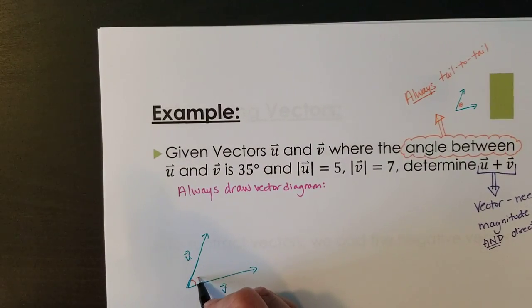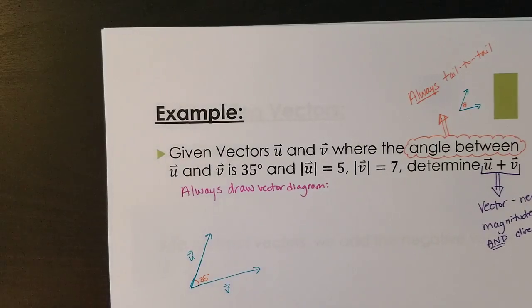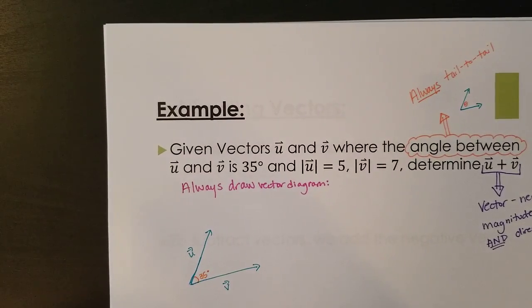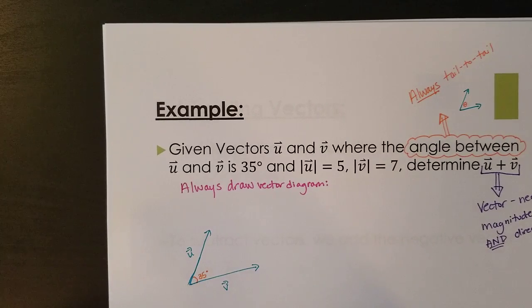And I'm going to label my angle between as that 35 degrees. So you may have already kind of spotted an issue here that if we are labeling the 35 degrees in there, this is not actually a diagram of how vector addition works. We need to add vectors head to tail, but we need to label the angles tail to tail.